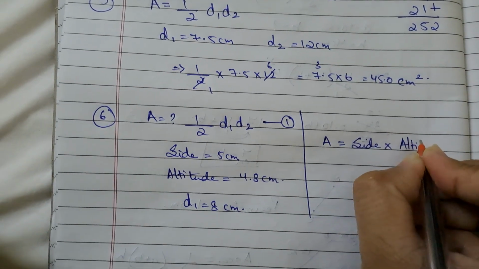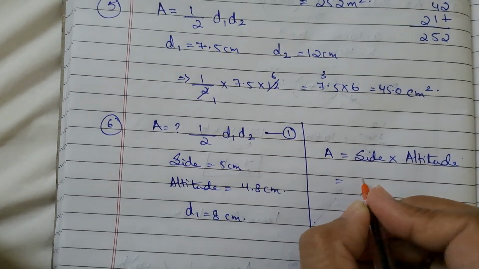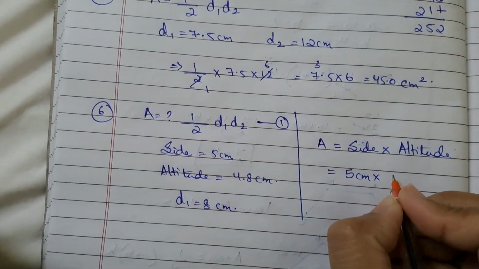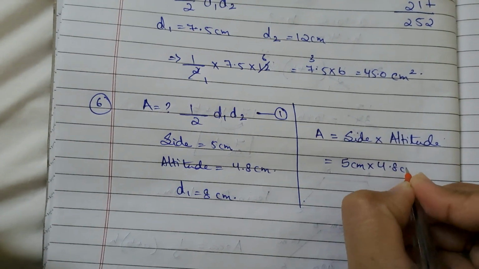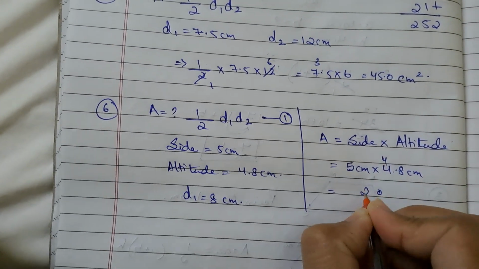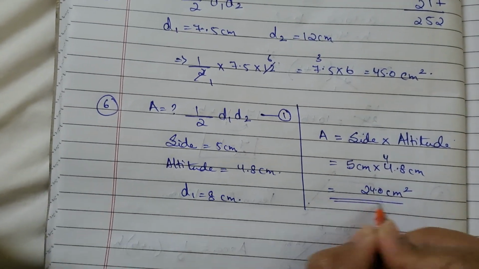So area, side is 5 centimeters and the altitude is 4.8 centimeters. So that becomes 5 8s are 40, 5 4s are 20, 24. So it is going to be 24 centimeters square. I got the area from here.